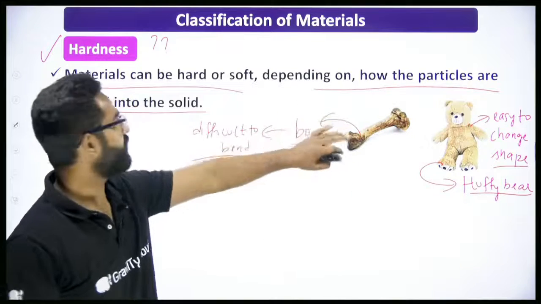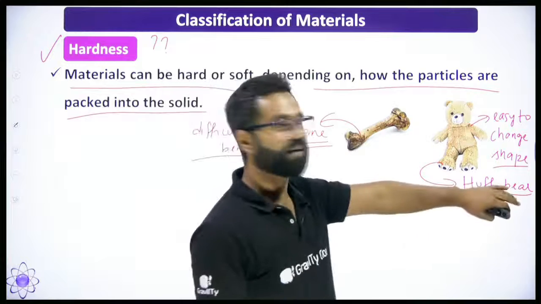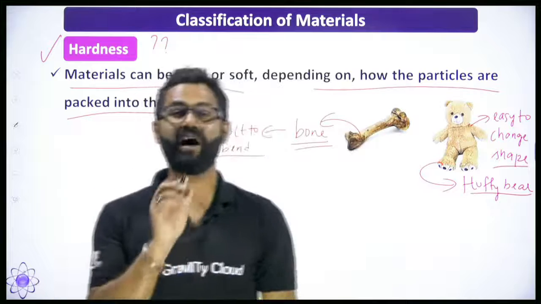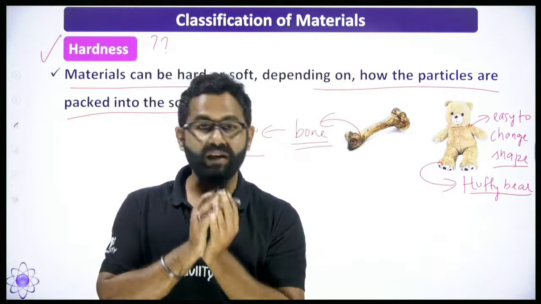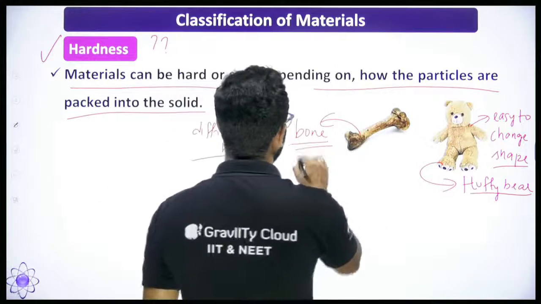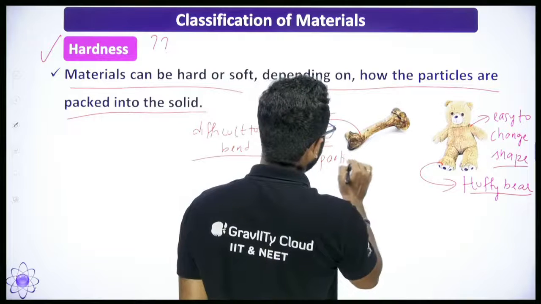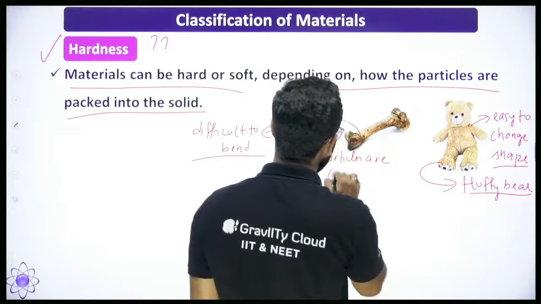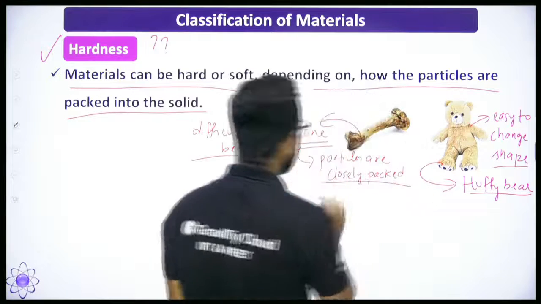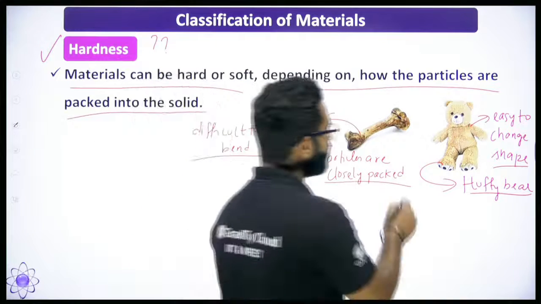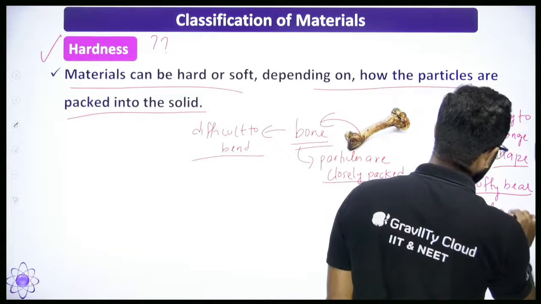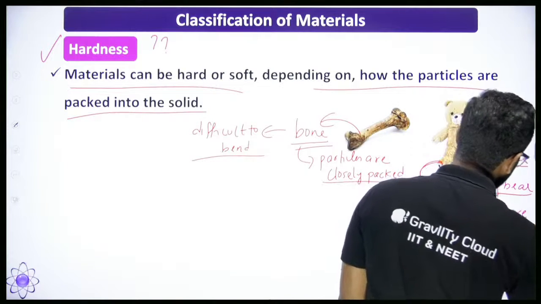So why in the case of bone is it difficult to bend, and why in the case of the fluffy bear is it easy to change shape? Because in the case of bone, the particles are very closely packed, whereas in the case of the fluffy bear, the particles are loose.